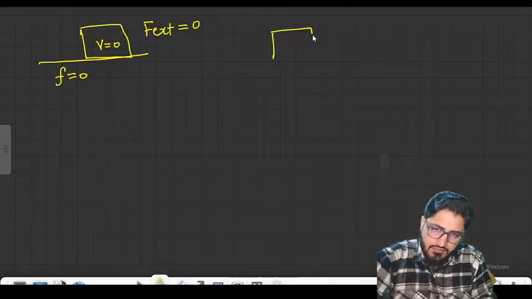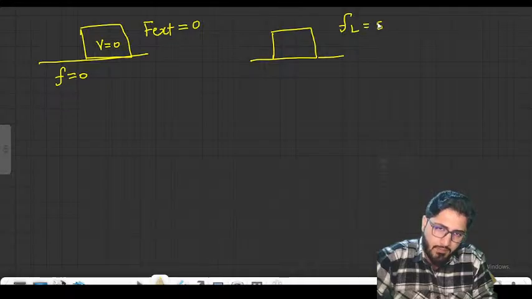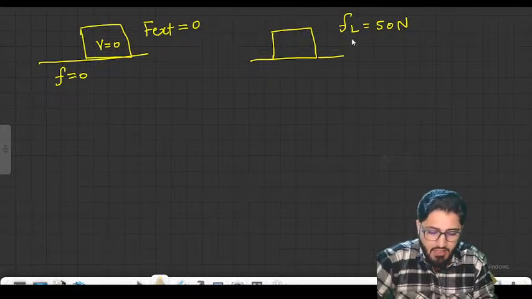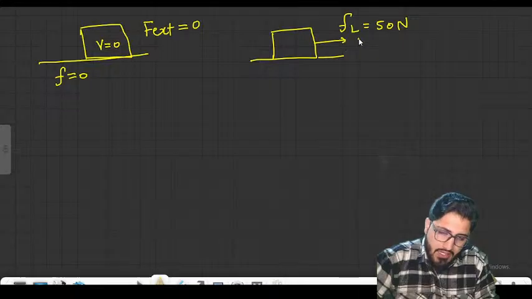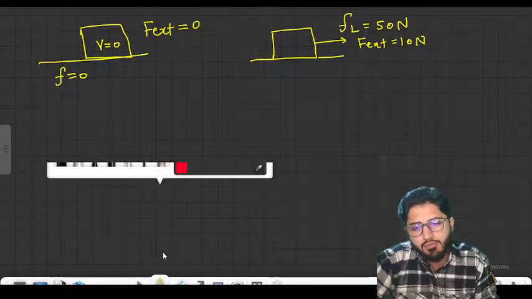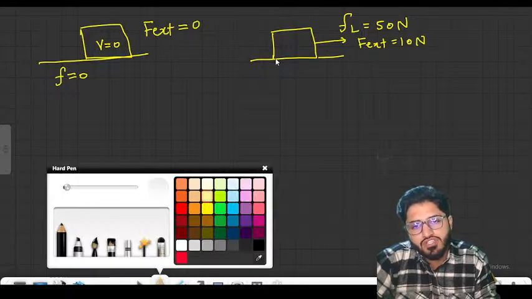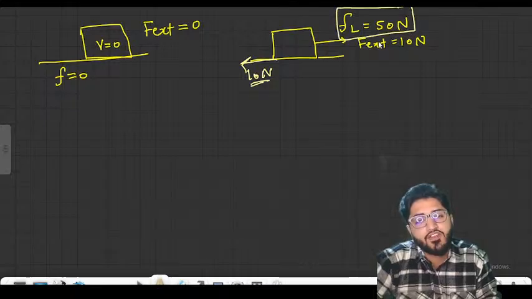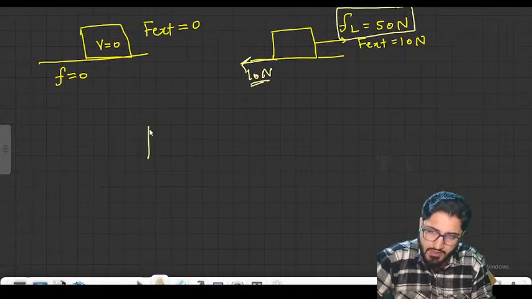Second one, if my limiting friction is 50 Newton, that means if you want to move this box, you need to apply 50 Newton minimum. And you are just pulling it by 10 Newton. So what will be the opposition of it? Sir, the opposition will be only and only 10 Newton. Why? Because it is self-adjustable, right? Up to 50 Newton.